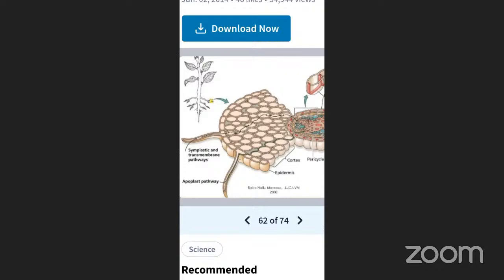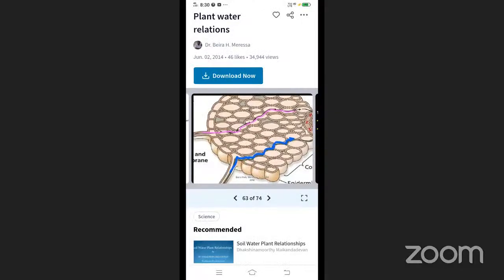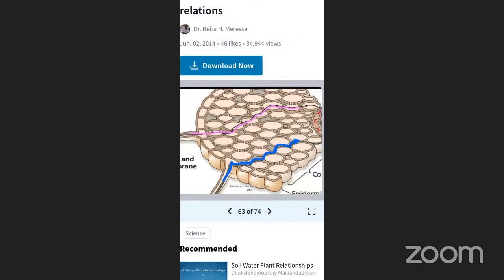So, the ascent of sap. In this ascent of sap mechanism, we discuss the cohesion-tension theory. The cohesion-tension theory was explained by Dixon and Jolly, reported in 1894.